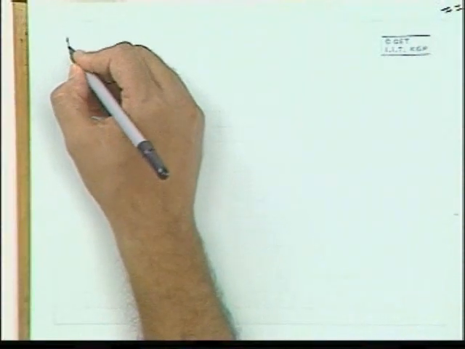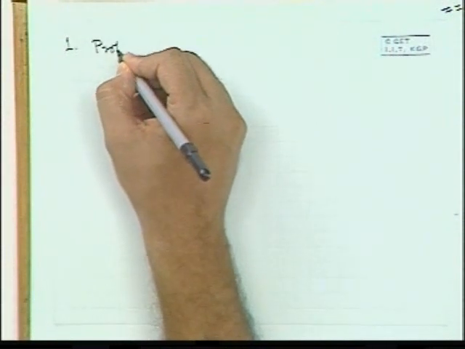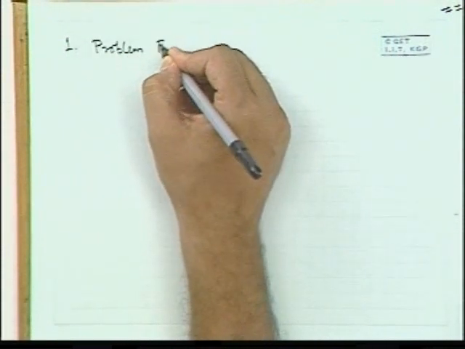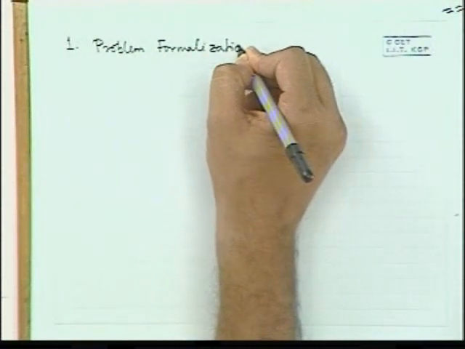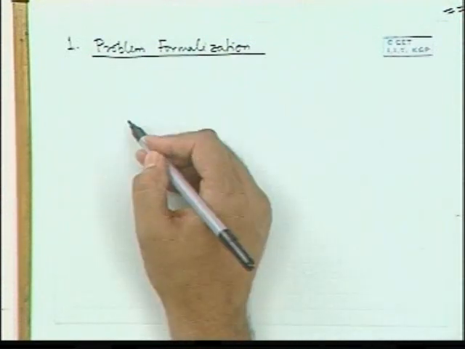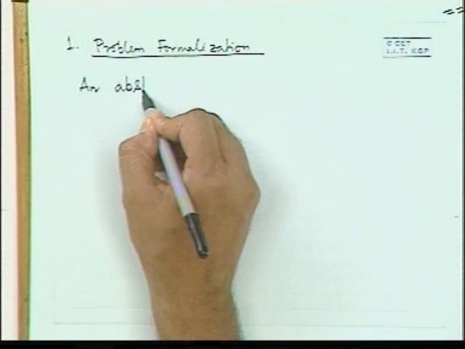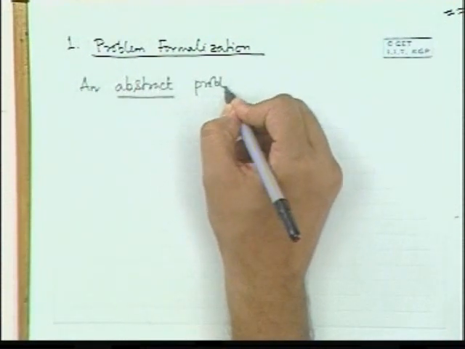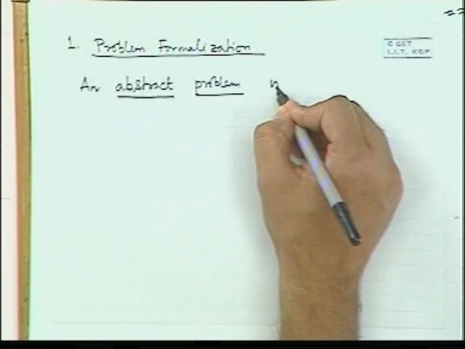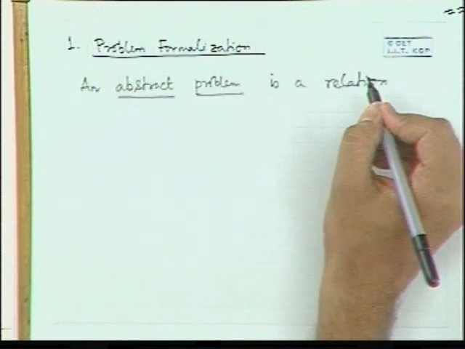So first is a problem. What do we mean by problem? Let us formalize that first. Problem formalization. Now an abstract problem is a relation. What is the relation?